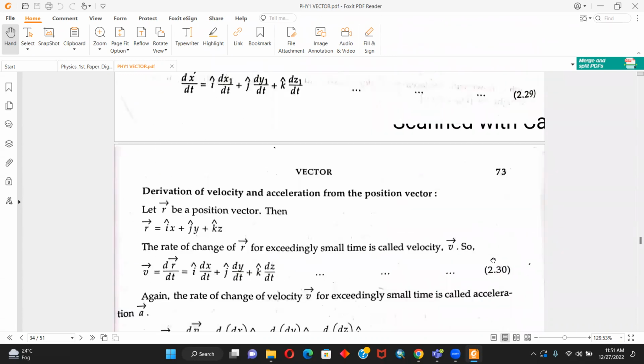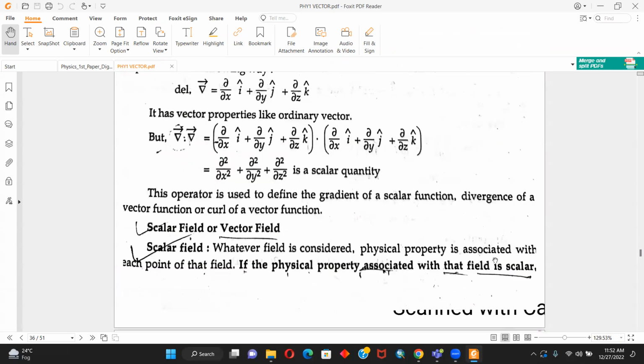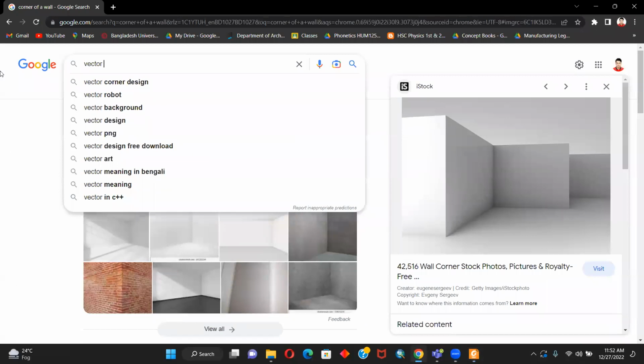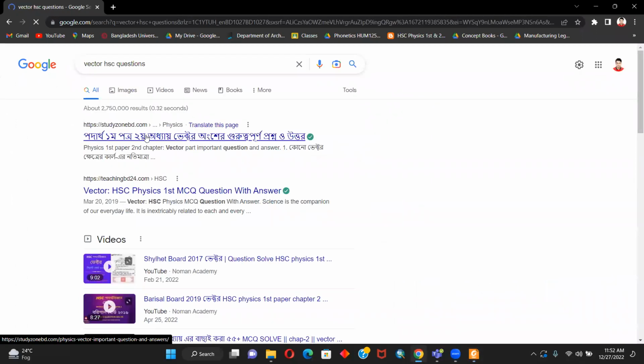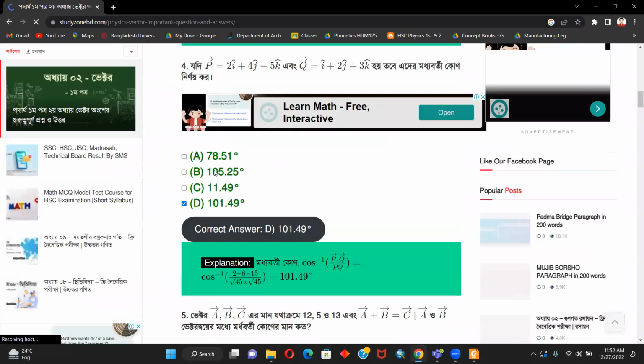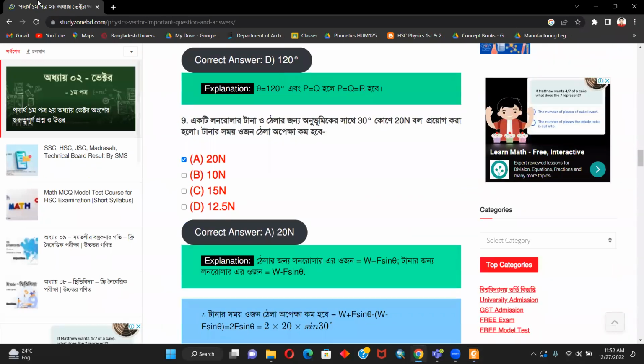Let us see if we can do a little more maths. Let's see if we can find... I'm not wanting the MCQs.